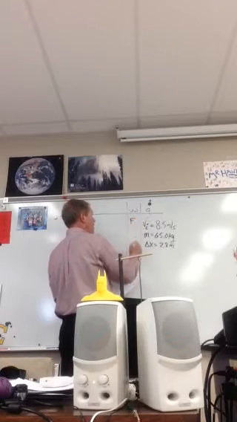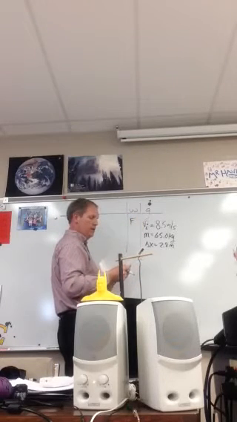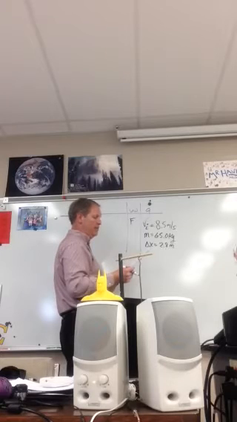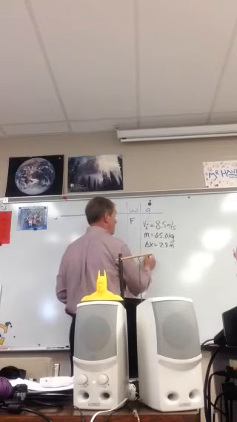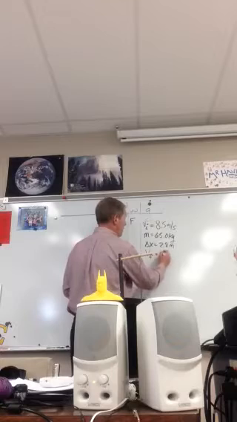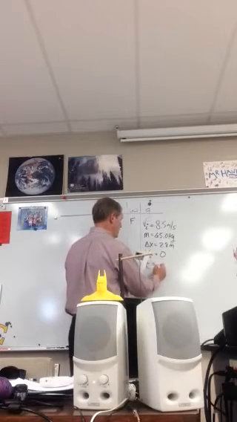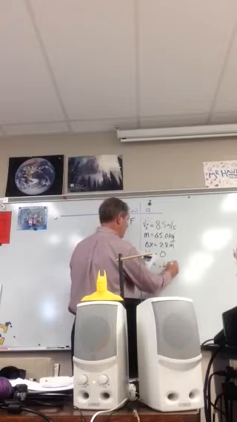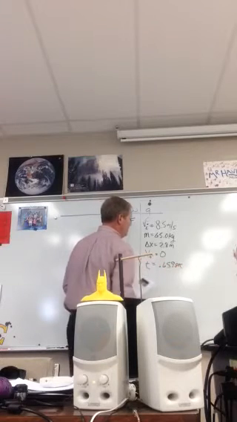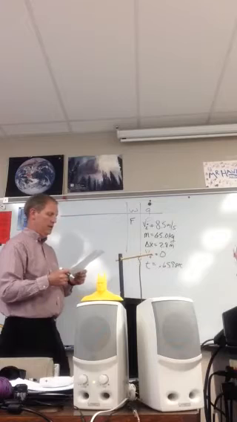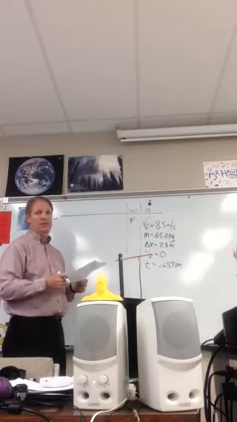So I want the force they applied to the ground. Assume that the time of stopping, so evidently he stopped, VF is 0, and the time was 0.659 seconds. All right. So what I want is the force.